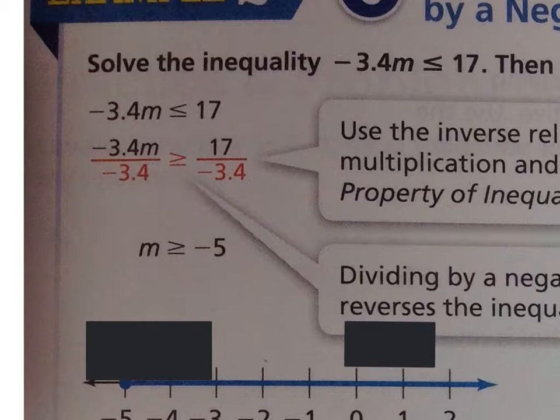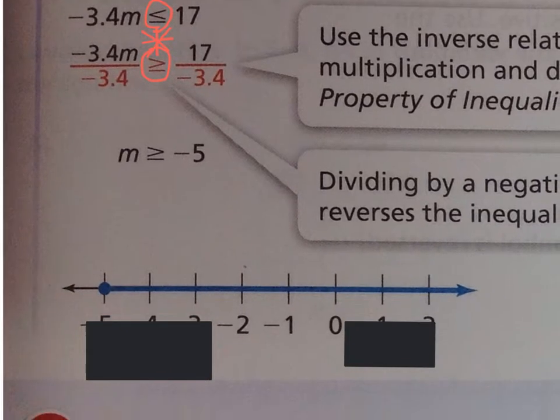Notice when they divided, the inequality symbol changes directions, and that's something we have to make sure we remember to do. Sometimes when I divide or multiply by a negative, I'll put a little star there just to remind myself I've got to switch that inequality sign around. When we work that out, we get m is greater than or equal to -5.